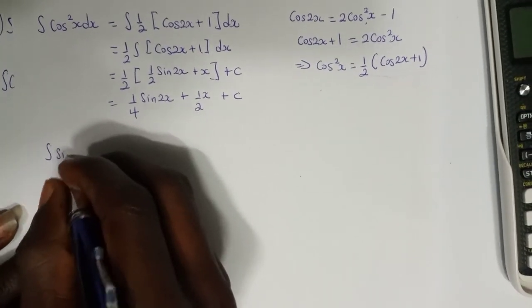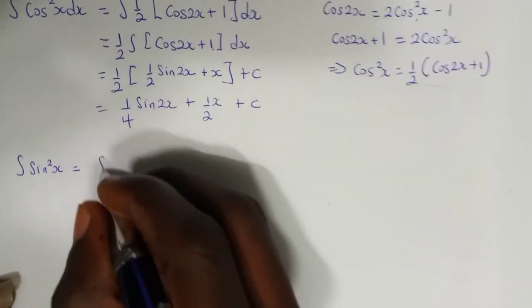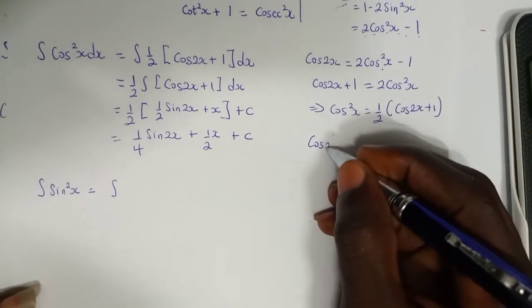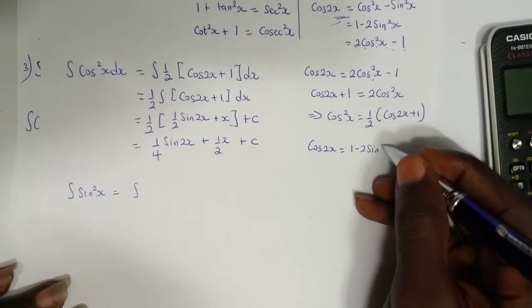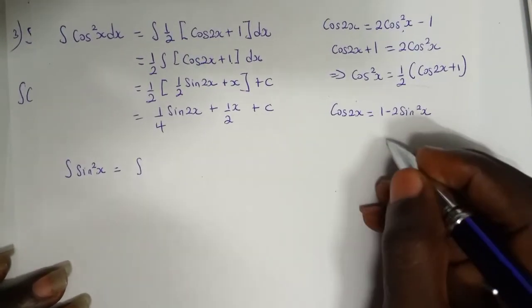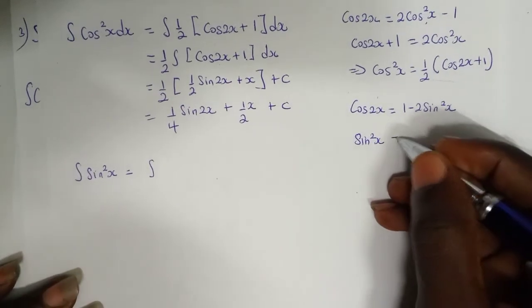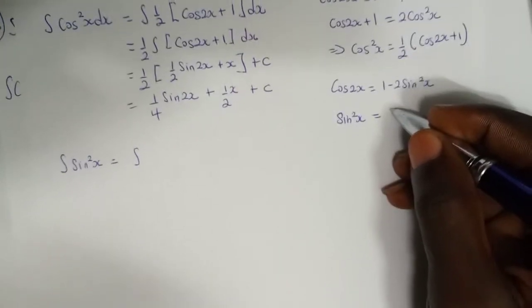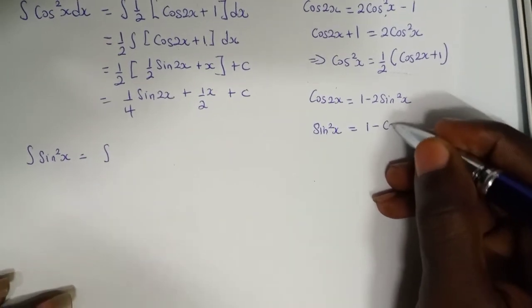Integral of sine square x will also be equal to integral of, we know that cos 2x is also equal to 1 minus 2 sine square x. So making sine square x the subject, we are going to get sine square x equals 1 minus cos 2x over 2.